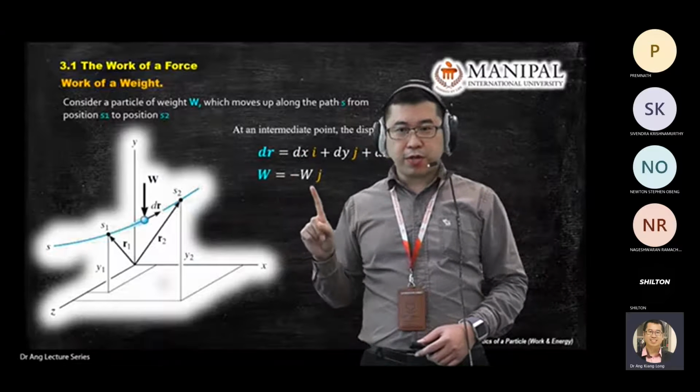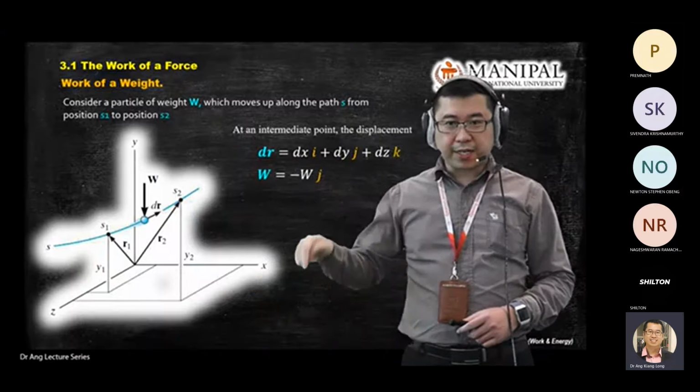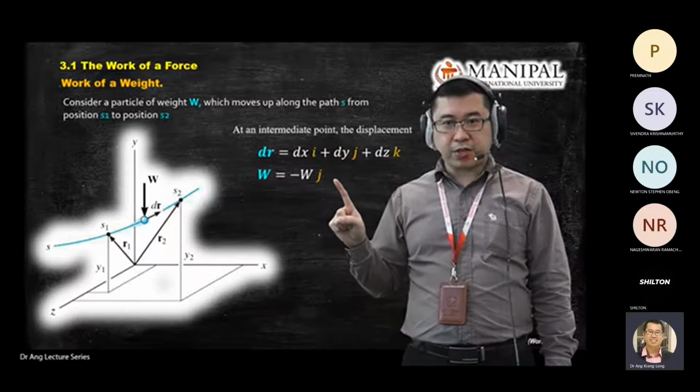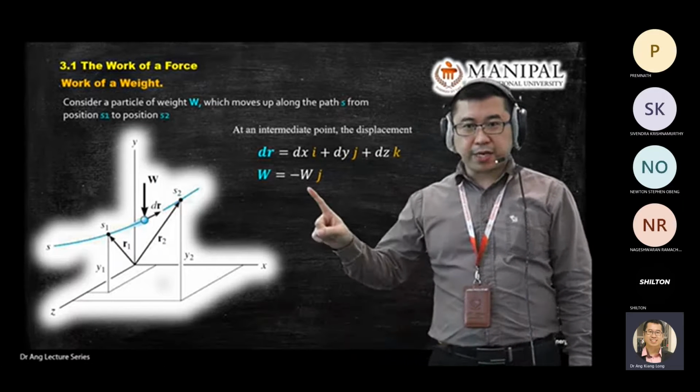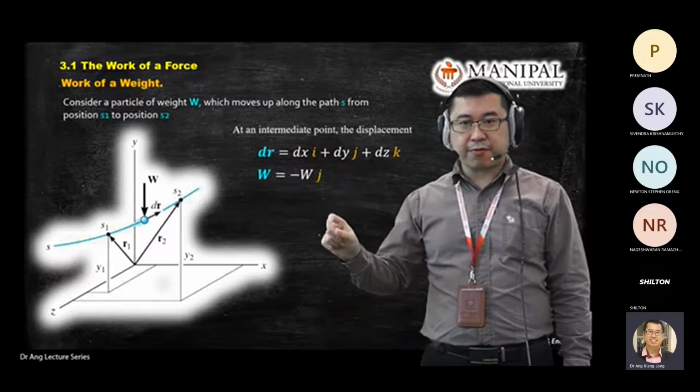Your W can also be written in vector form. W is the vector going down. It also has magnitude and direction. The magnitude is positive, so why is there a negative in front?